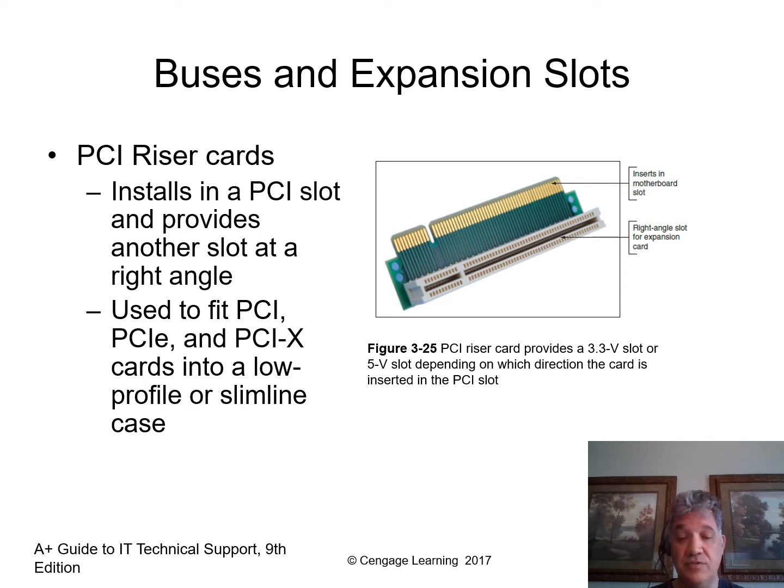The chassis again is very short, maybe a 1U box, and so the card is just lying on its side. Same hardware, but this is kind of an L-shaped device. It plugs into the port, and then you can plug the card in so that it's perpendicular to the motherboard. So it allows you to save space in the installation. Otherwise, it's the exact same card and doesn't require any specialized hardware beyond that one riser card.